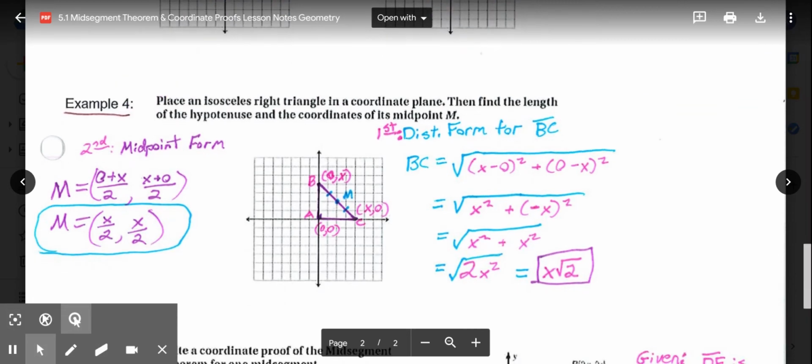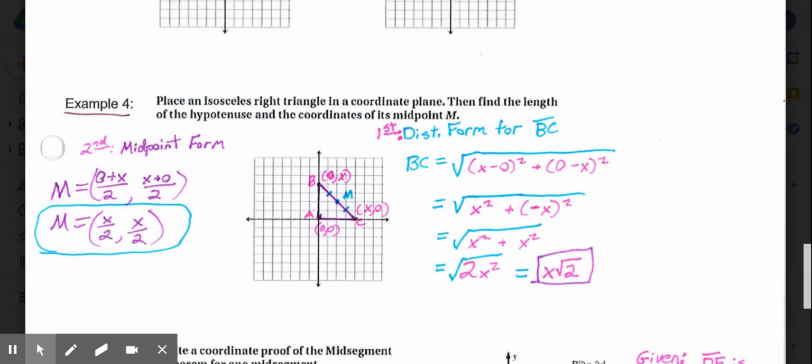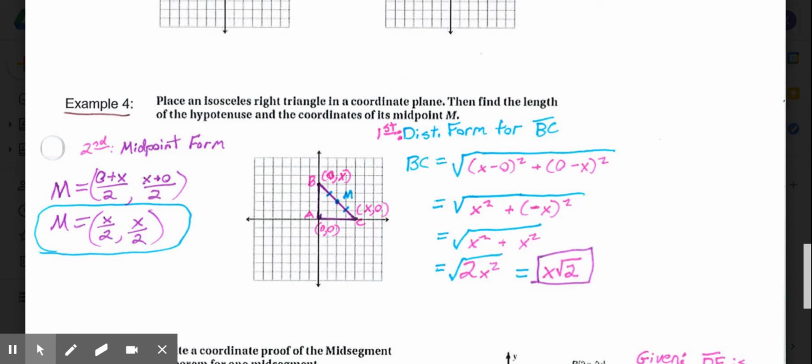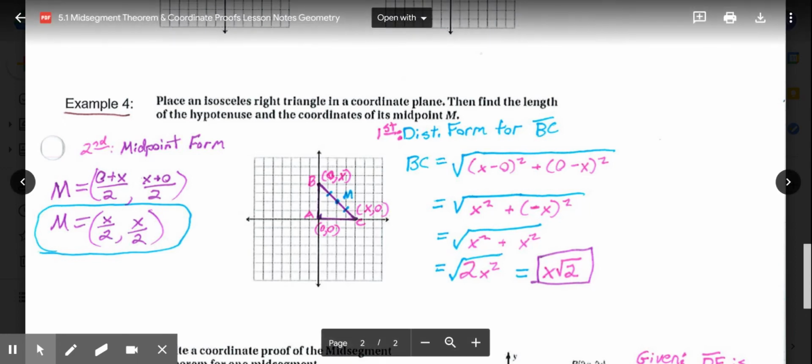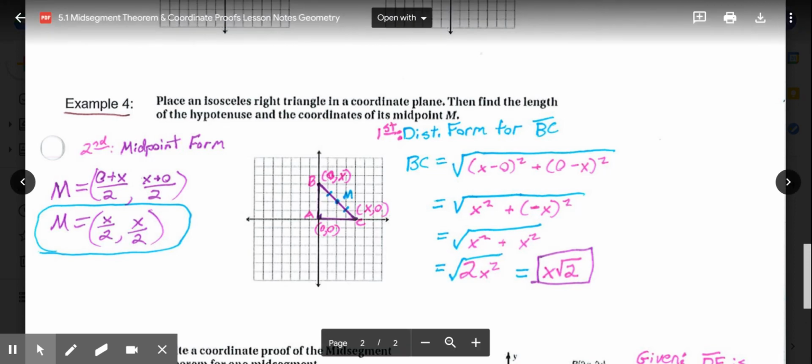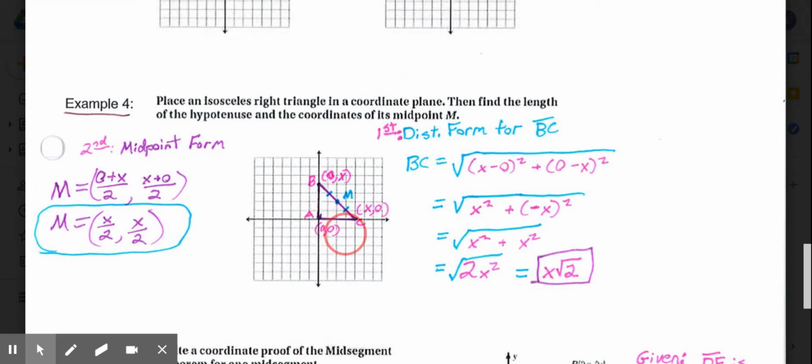So for the midpoint formula, first they want us to place an isosceles right triangle in the coordinate plane, find the length of the hypotenuse and the coordinates of its midpoint. So if I'm going to be using a right triangle, I want it to be starting at 0, 0. So point A was at 0, 0. Then I know because it's isosceles, two sides have to be the same length.